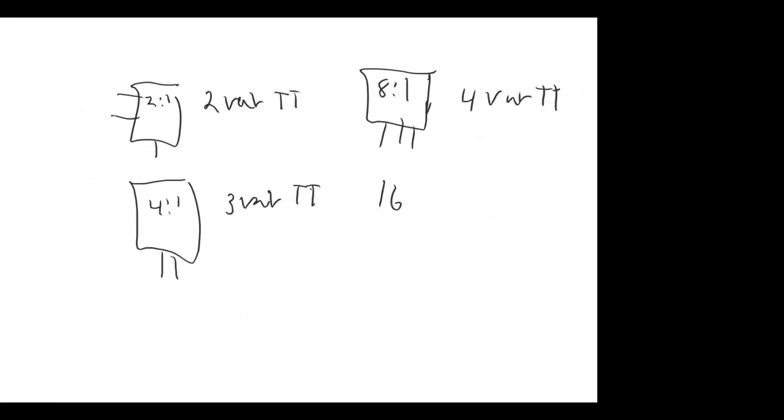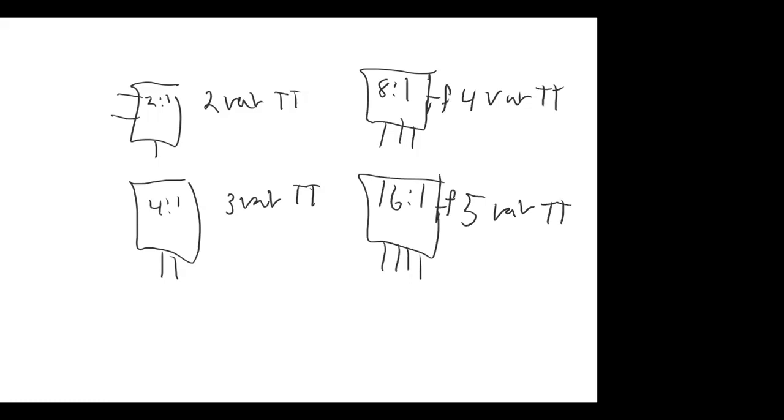If I have a 16-to-1, then I can do a 5-variable truth table. Does it make sense? You can kind of see the symmetry there. So now that's as far up as I go.